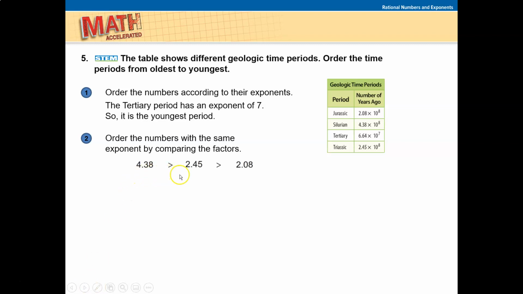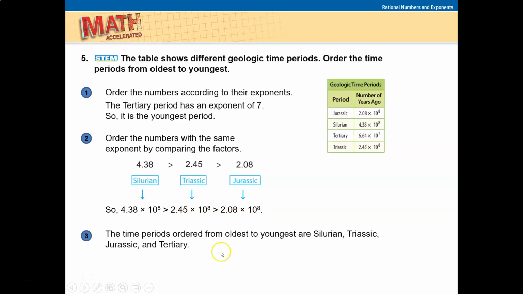We know 4.38 is greater than 2.45, which is greater than 2.08. So 4.38 times 10 to the 8th is the largest, 2.45 times 10 to the 8th is the medium, and then 2.08 times 10 to the 8th is the youngest. So our periods would be Silurian, Triassic, Jurassic, and Tertiary.